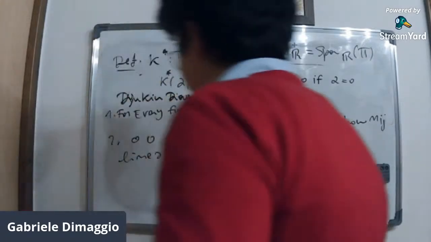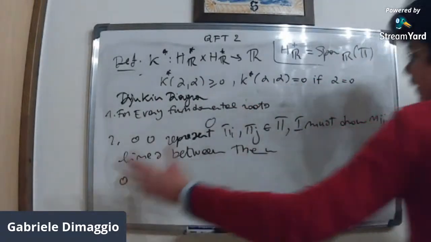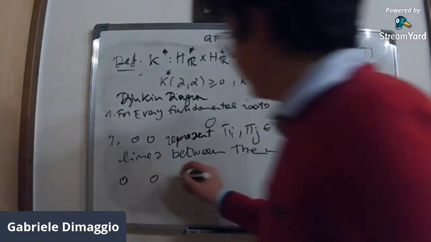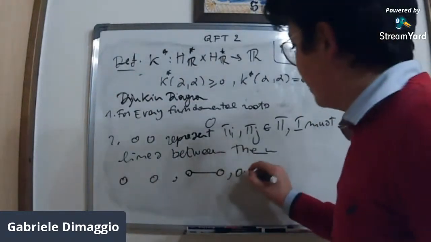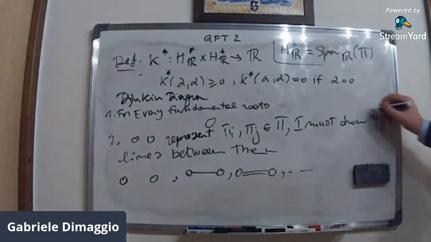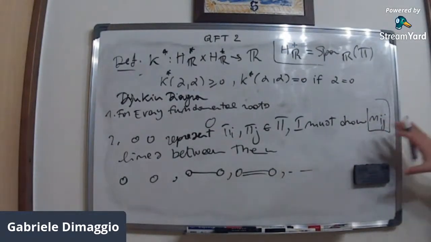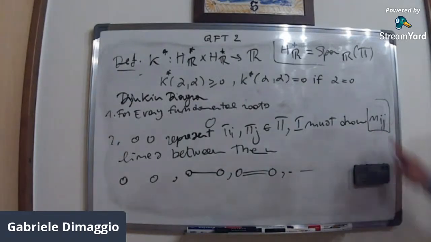For example, I can have 0 lines, 1 line, 2 lines, and so on. But I have here Nij, so what is Nij? I just defined this before.